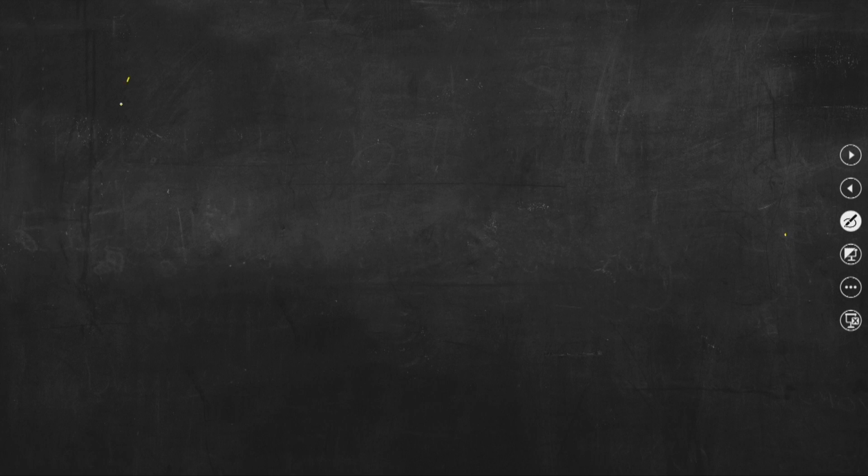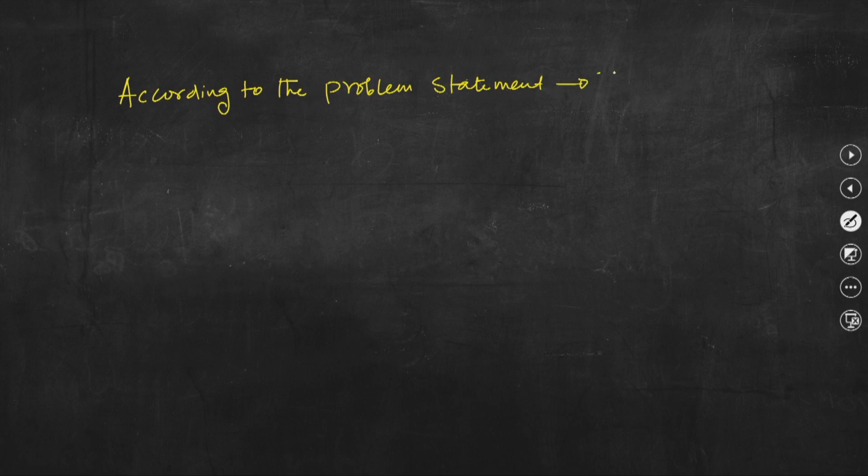So, now what we can do, if we go to the next slide, according to the problem statement, IHP is proportional to rho, that is density.